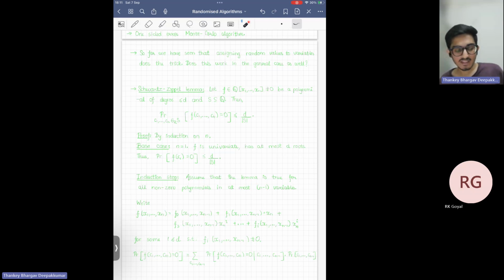What do I want to check? P equals Q, right? Then look at P minus Q. If P and Q are the same, P minus Q would be zero. If P and Q are different, P minus Q would be non-zero. So to solve the first problem, all I need to do is check that the polynomial G defined as P minus Q is non-zero.